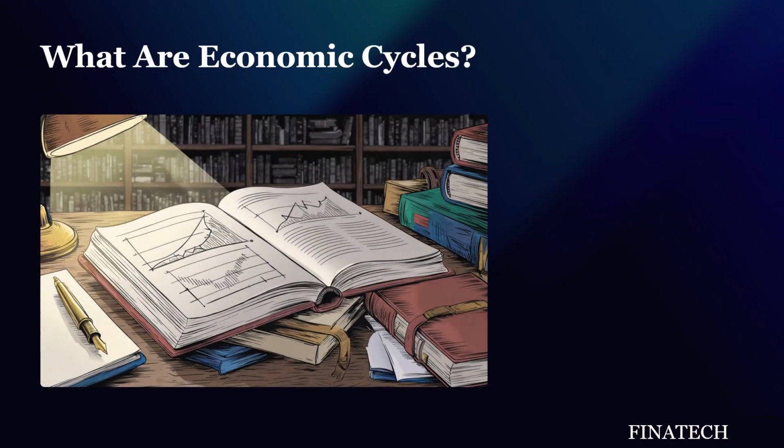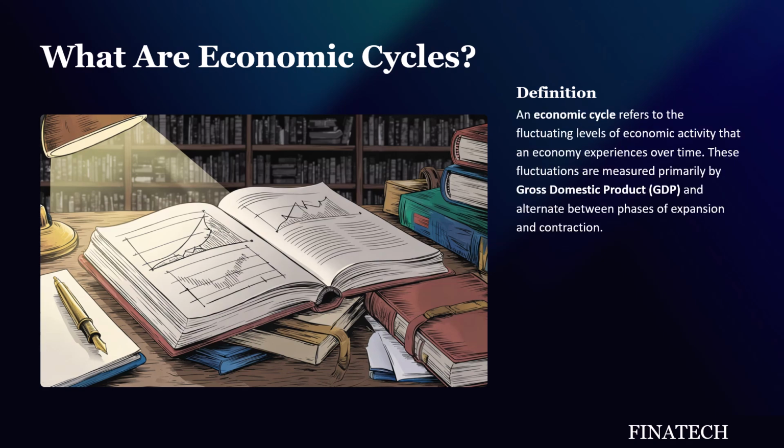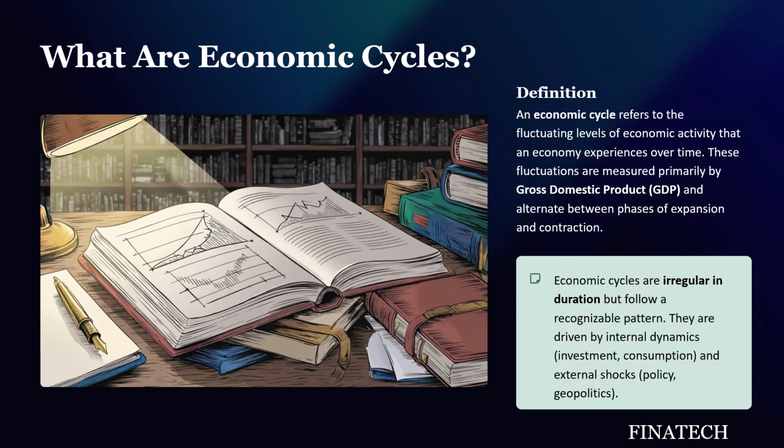What are economic cycles? By definition, an economic cycle refers to the fluctuation levels of economic activity that an economy experiences over time. These fluctuations are measured primarily by gross domestic product (GDP) and alternate between phases of expansion and contraction.